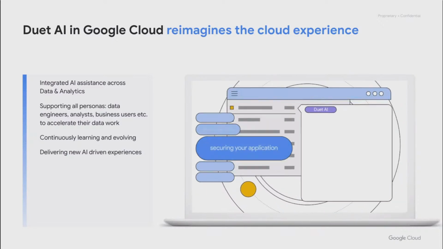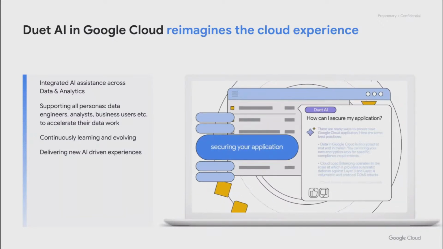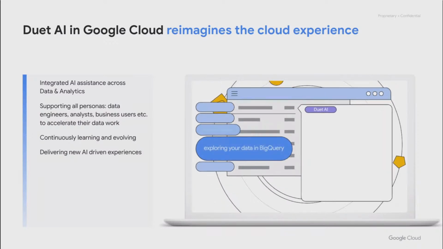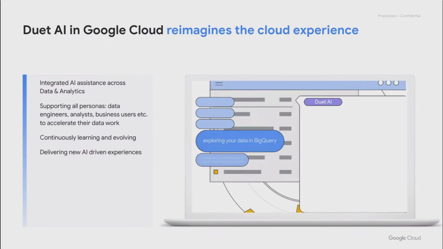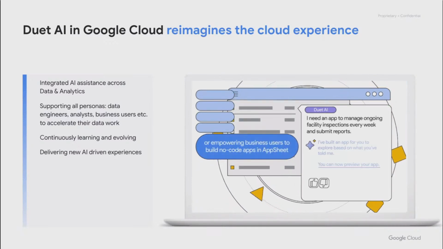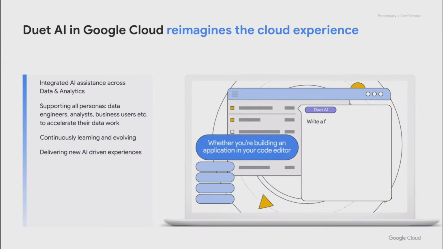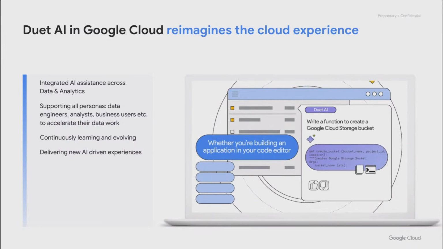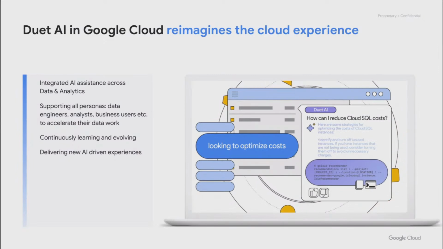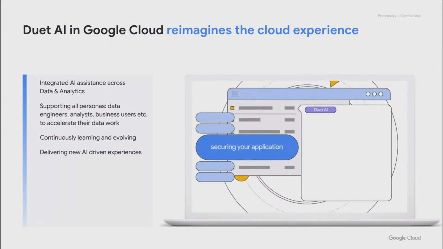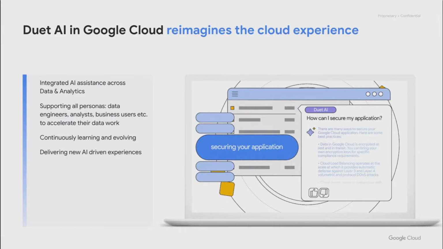And importantly, Duet AI is continuously learning from all of the interactions that happen in the BigQuery Suite platform. Any query that's run, any metadata that is collected, we're using all of that rich log data and history to make GenAI predictions more accurate, to make your recommendations more intelligent.